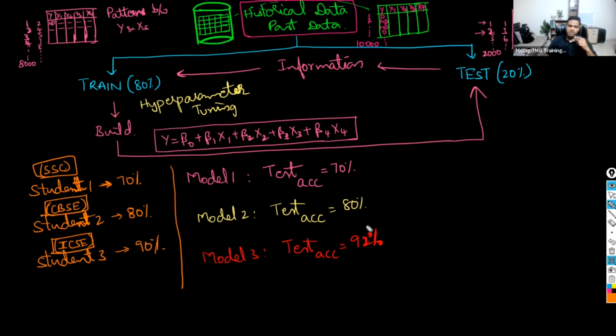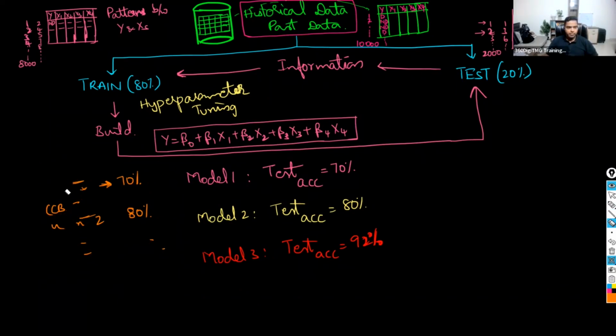So you cannot compare these percentages. On similar lines, my dear friends, if these three models are built on different data sets, then it will not work. You cannot compare the accuracies if these three models are built on three different underlying data sets.